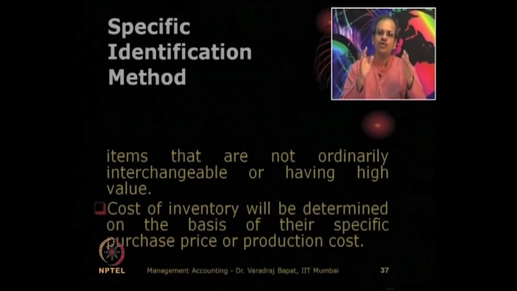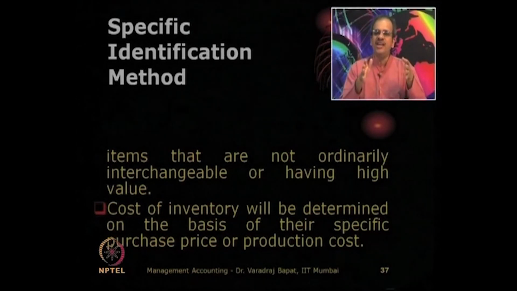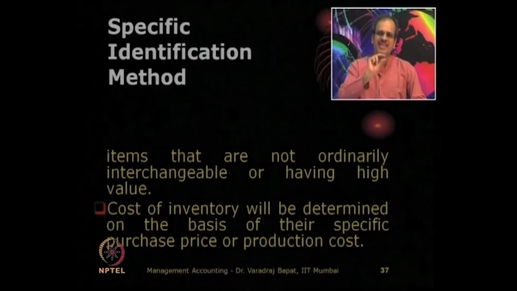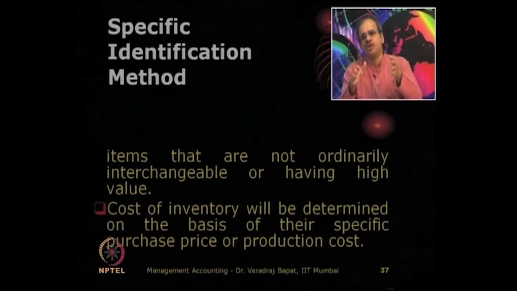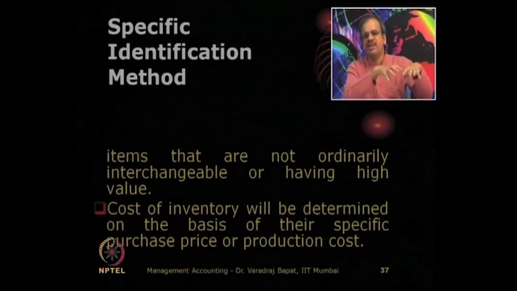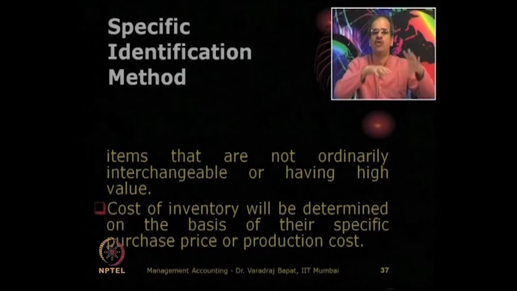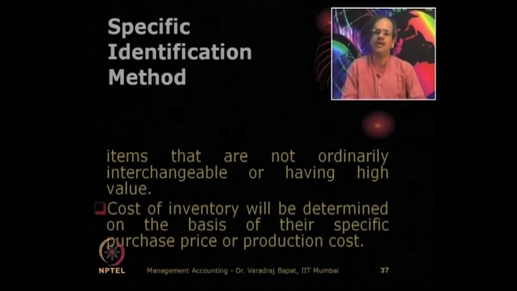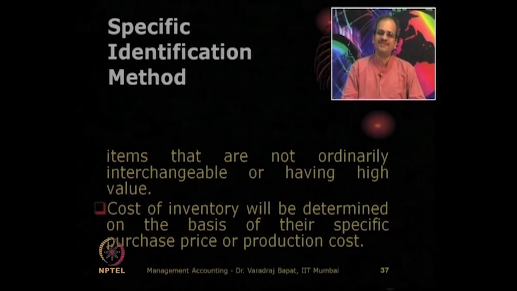Let us say you are a dealer in vehicles. Each vehicle has a registration number and also a chassis number. It is a costly item, so each vehicle can be specifically identified, and you can use the specific identification method.